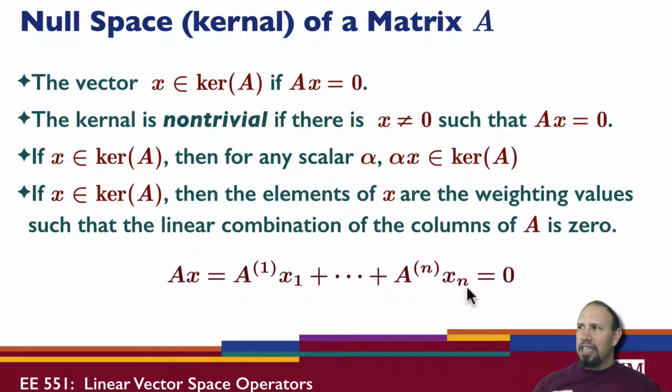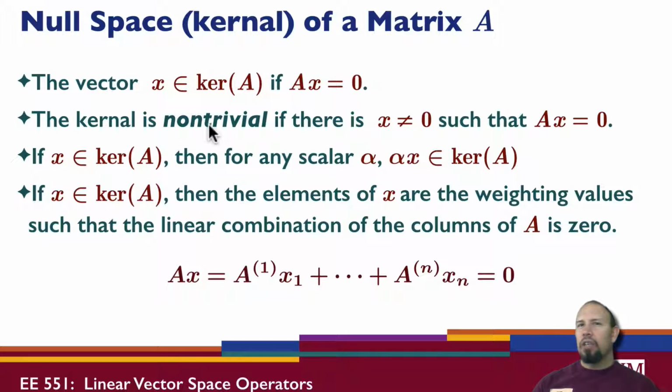The only way you can get this linear combination equal to 0 is if the columns are dependent. Otherwise, all of the x1 to xn would have to be 0 if they were all independent. So the columns of the matrix A must be dependent in order for there to be a non-trivial null space.